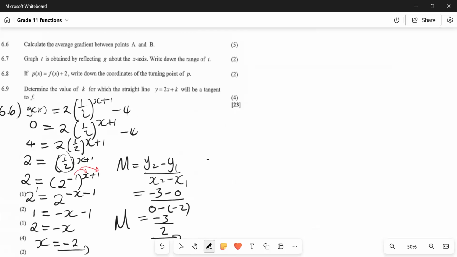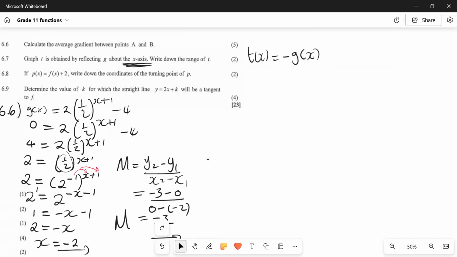So T of x is equals to negative G of x. We reflect about the x-axis, which means y should be negative. Y is our graph, which means our graph should be negative, right?